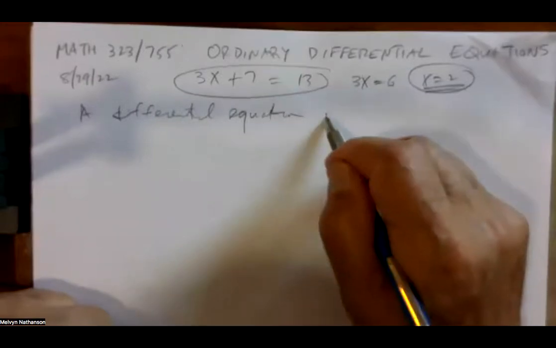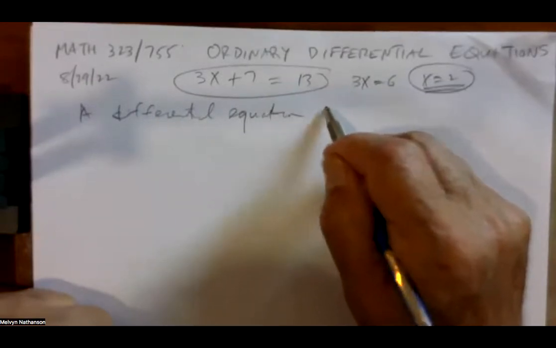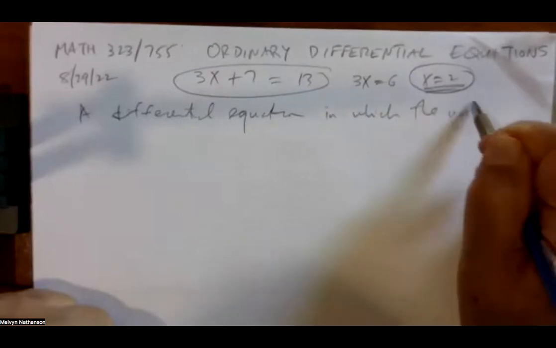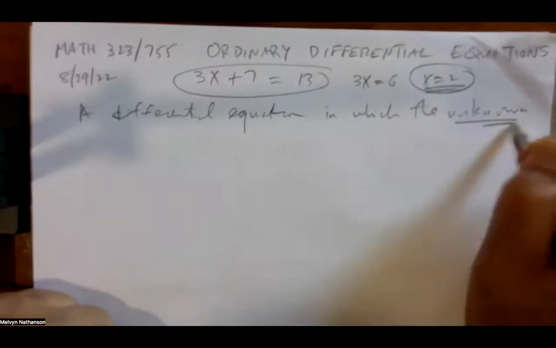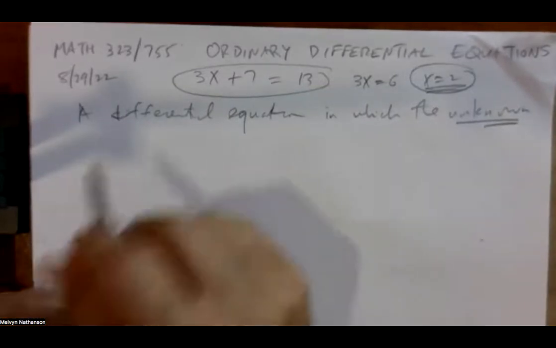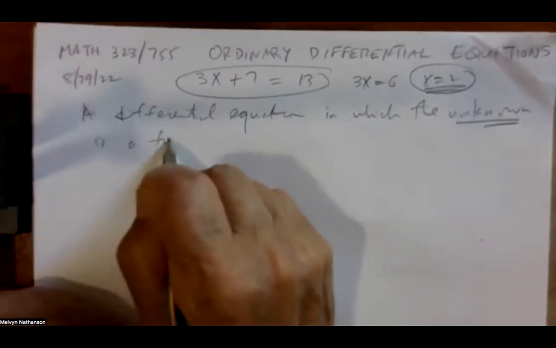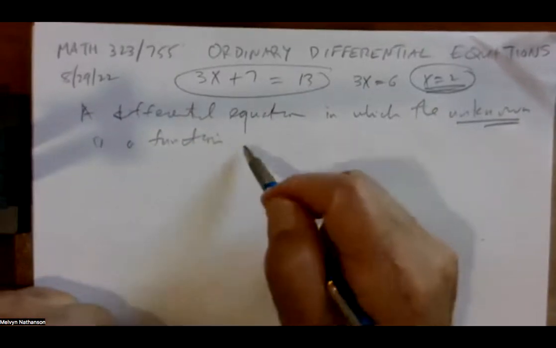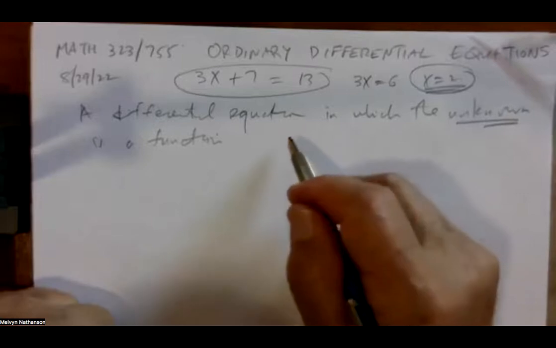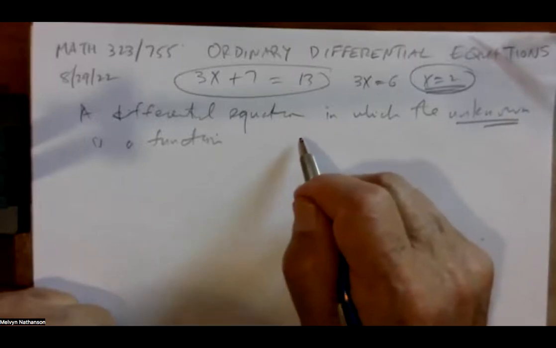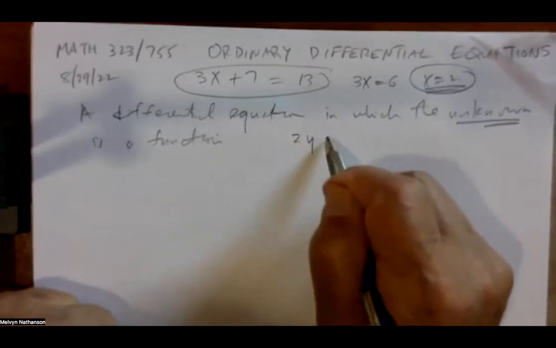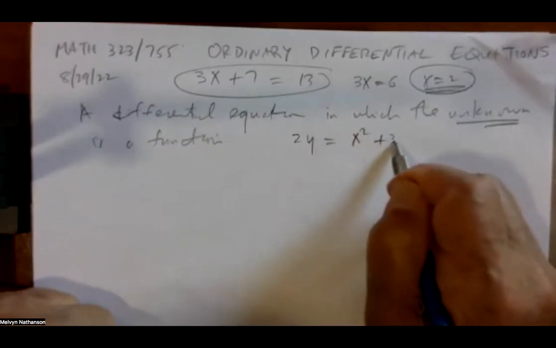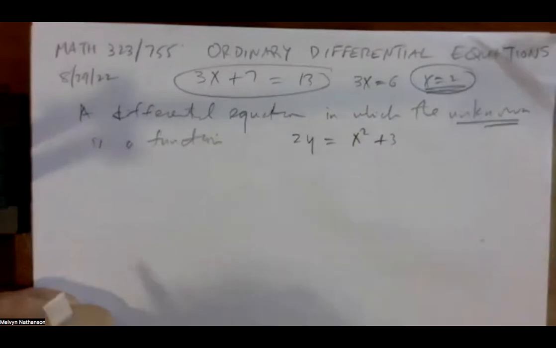A differential equation is an equation in which the unknown, what you have to solve for, is a function. So, for example, you might have an equation that says 2y = x² + 3. Find y.